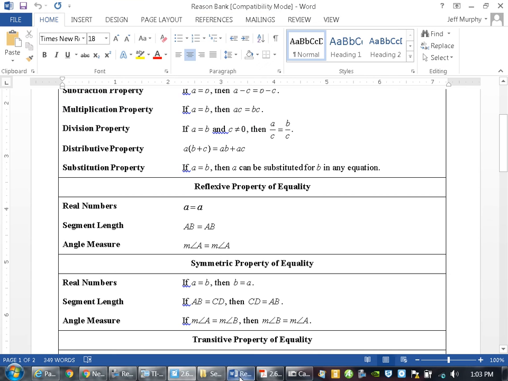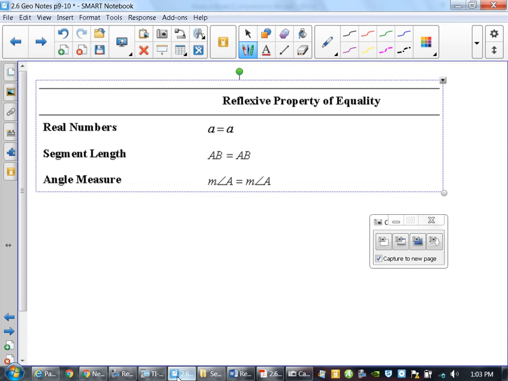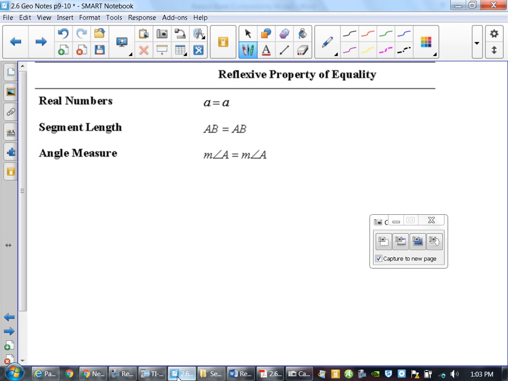You just haven't really looked at it yet. So if you look at your reason bank, there's a portion in here called the reflexive property. The reflexive property basically says you are yourself.